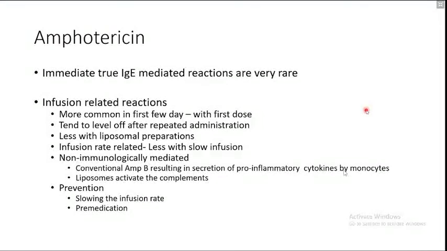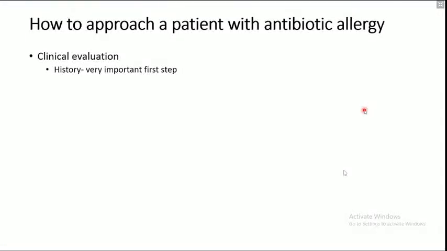So you have to slow down the infusion rate, and again the reactions, as I said before, are due to drugs being able to directly activate the mast cells and directly activate the complement system. So you have to slow down the infusion, and sometimes you can do pre-medication as well.